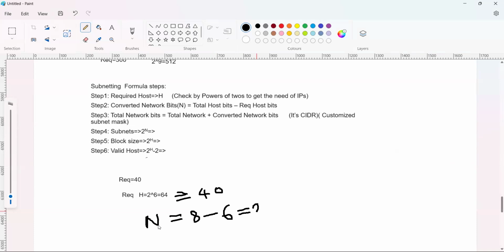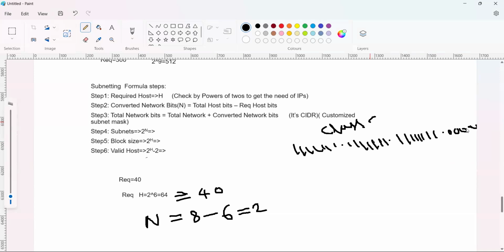Total host bits means you can assume the value comes under a.a.a.0, in the form of 8 bits.